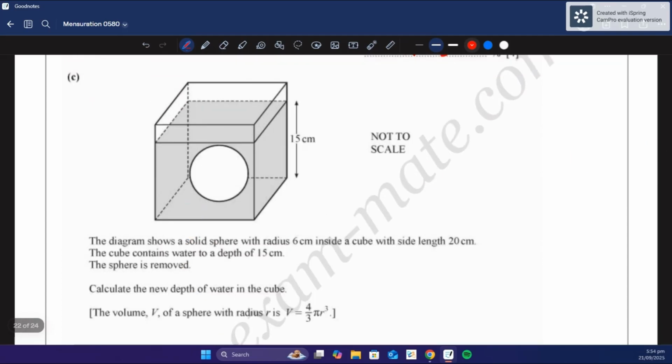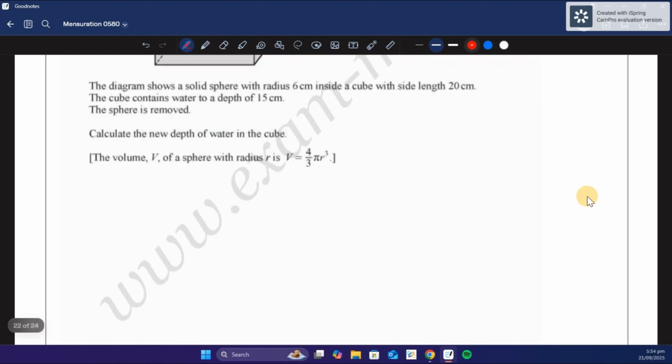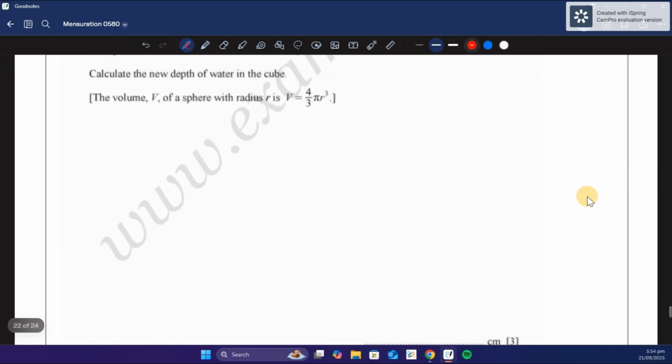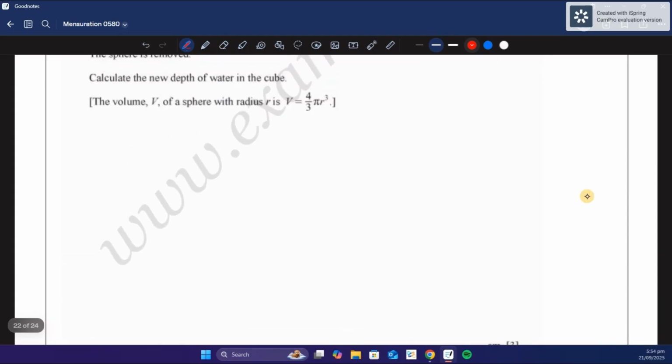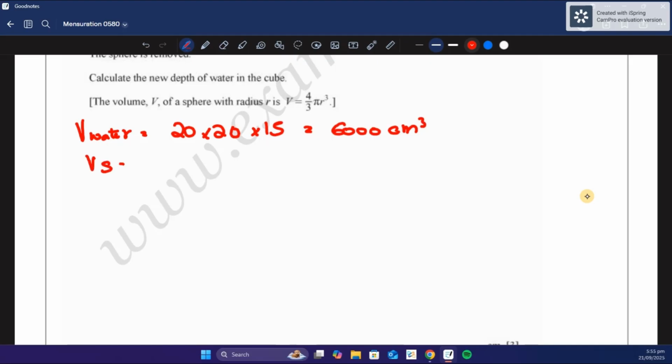Alright, part C. For this, we'll first need to calculate the volume of the water. The volume of the water is pretty simple. It's 20 into 20 into 15, which is 6000. Then we need the volume of the sphere.